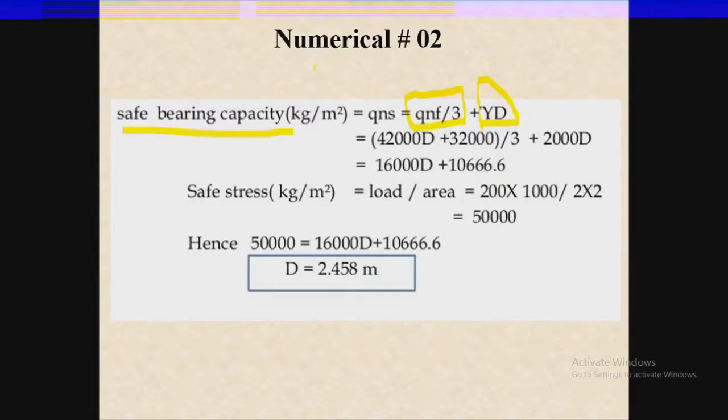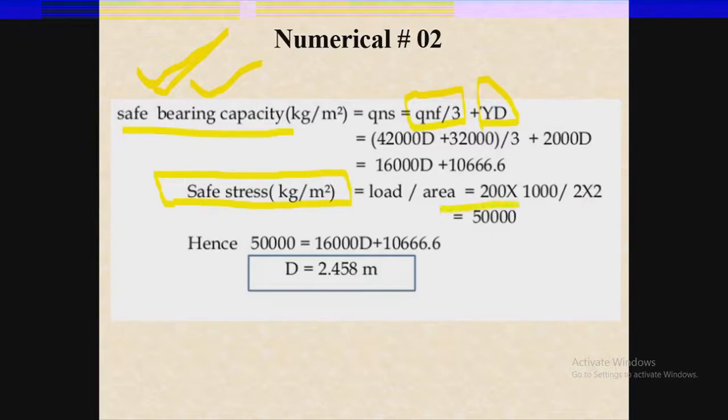Now as we have utilized all the soil properties and all the loads of the structure, we have found this safe bearing capacity. Now let us calculate the safe stress, or the safe pressure, for this. The data for this is also given. The load, 200 into 1000, is given, and the area is also given, 2 by 2.